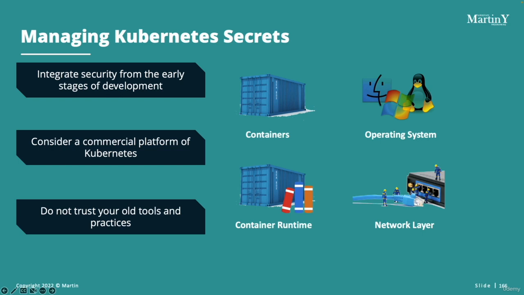It also quite often exposes applications to public networks so that they can be accessed over the internet. Both network layers, internal and external, can allow attackers to gain access to the cluster or escalate attacks from one part of the cluster to another.